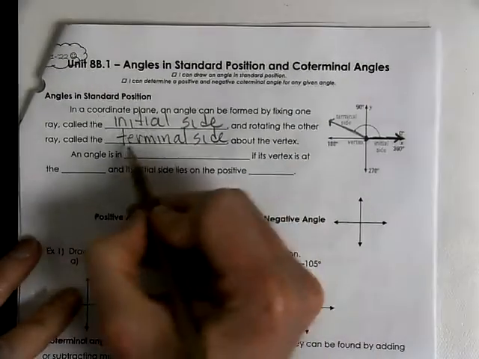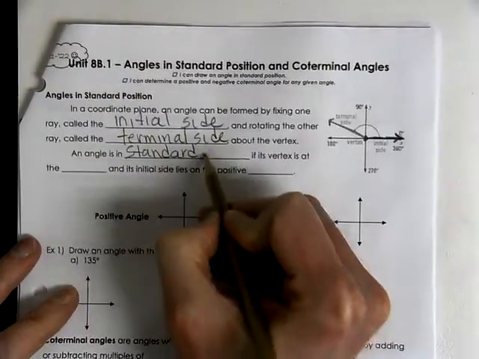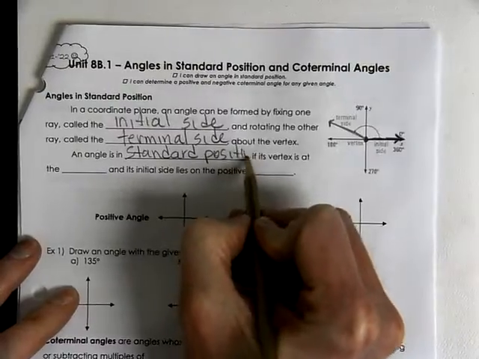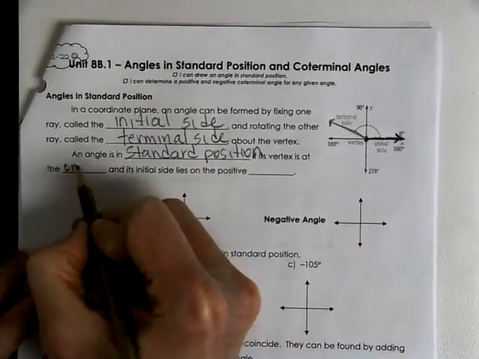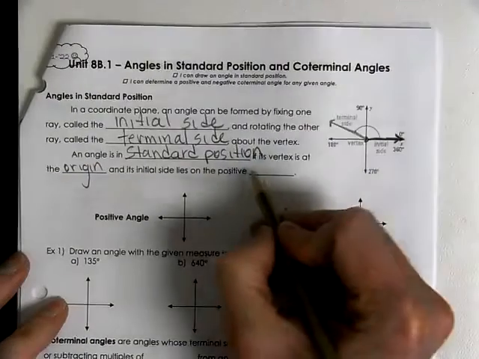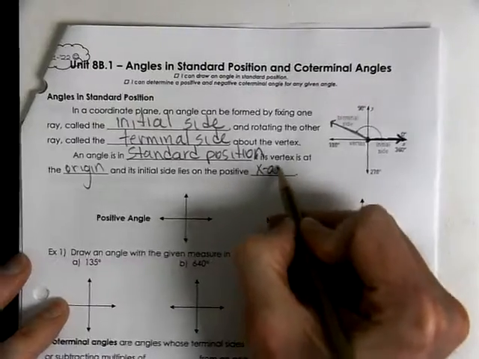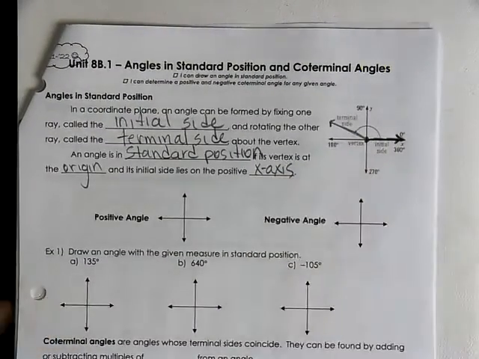An angle is in standard position if its vertex is at the origin and the initial side lies on the positive x-axis, just like our demonstration shows here, our diagram.